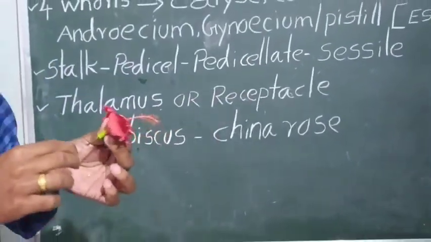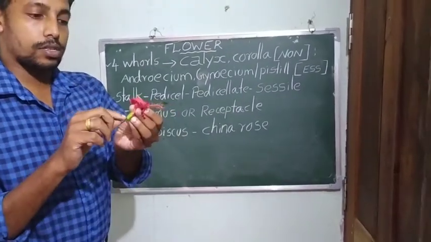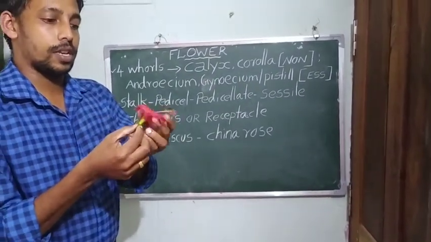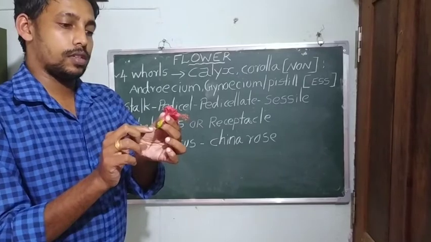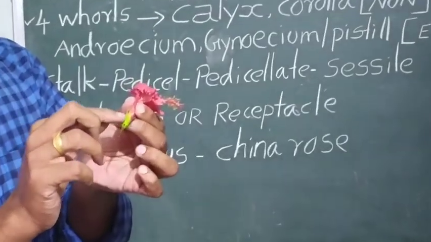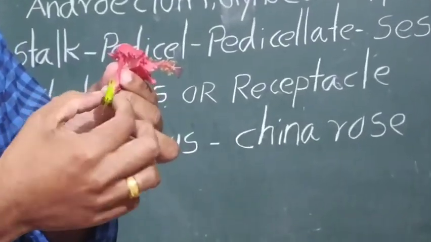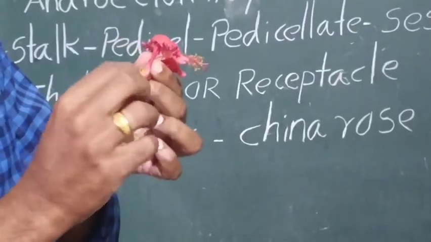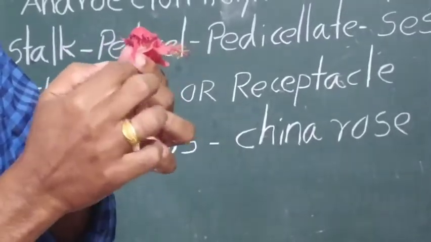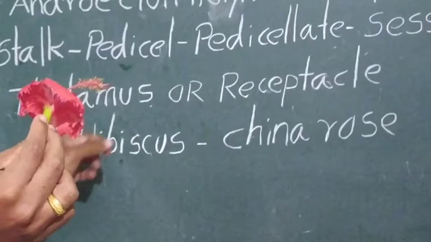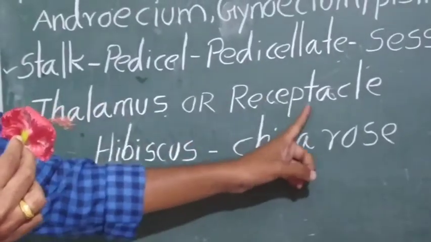Here, at the apical part of the pedicel, the tip of the pedicel, there is an enlargement, a swollen part. This swollen part is known as the thalamus or receptacle.